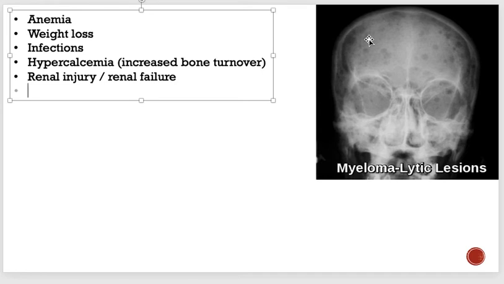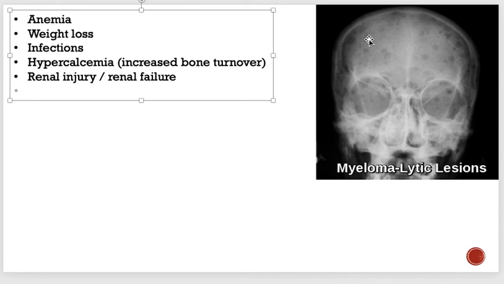These free circulating light chains will go to the kidney and the kidneys will get damaged, and the patient will present with renal disease or renal failure.